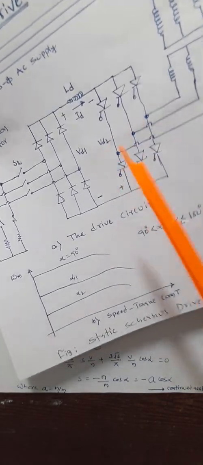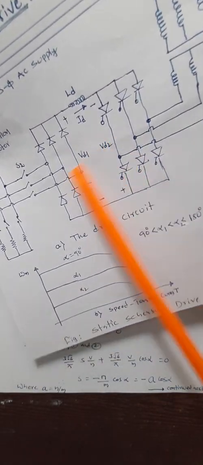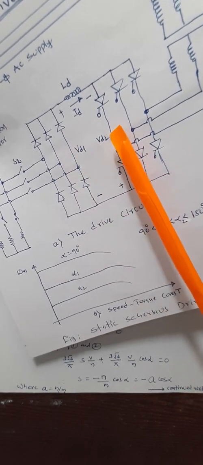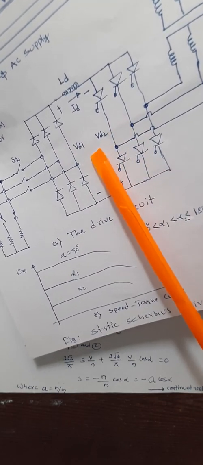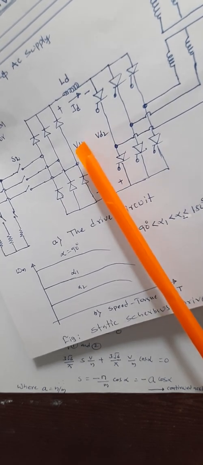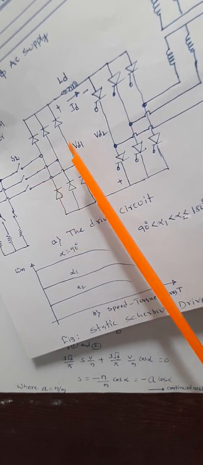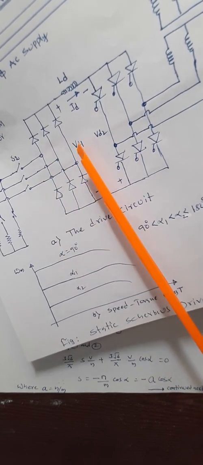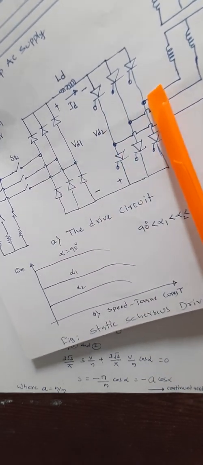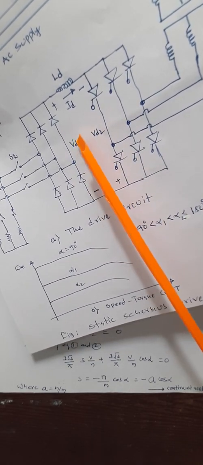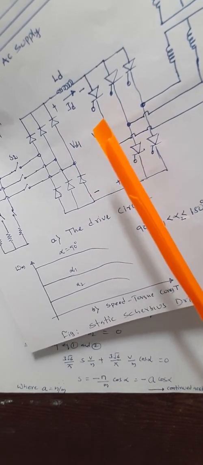One more important point here: if the system is lossless, ED1 is equal to ED2 but opposite in direction. AC is converted into DC, and this DC is converted again into AC. So ultimately the magnitude of ED1 is equal to the magnitude of ED2 but opposite in direction.